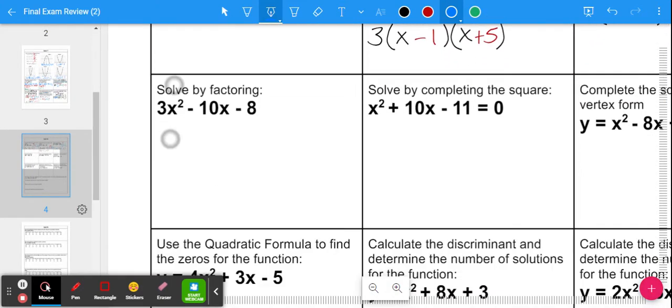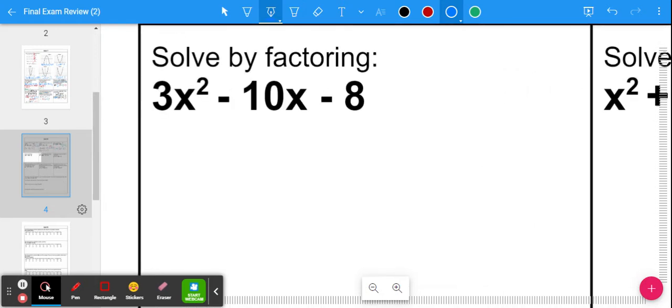So now we've got another one that has an a value that's not 1. So for this one, we still start out the same way. A times c, which is negative 24, and we want it to add up to b, which is negative 10. So remember, the only way to make a negative product is if one number is positive and the other one is negative.